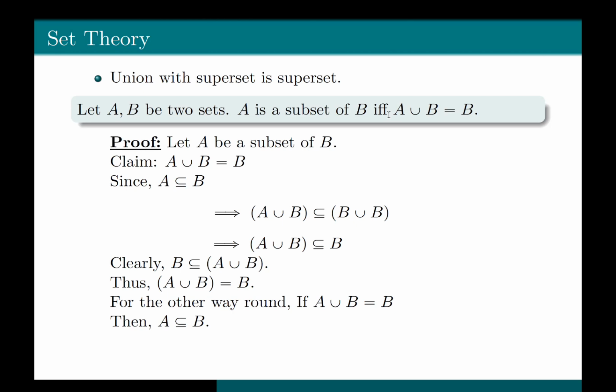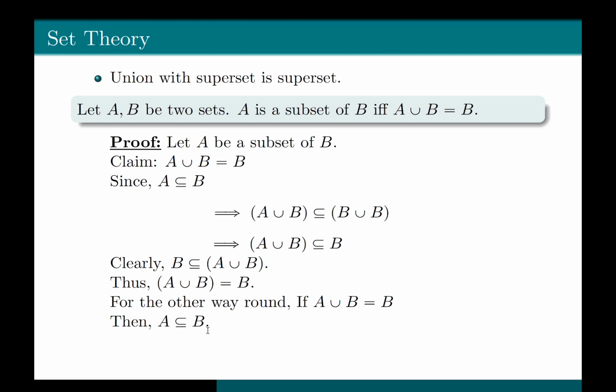Now remember, A is a subset of A union B. We have this from the definition of union of two sets, that if we have two sets A and B, then A is a subset of A union B. So we will have A is a subset of A union B, and A union B is equal to B, which means that A is a subset of B as well.